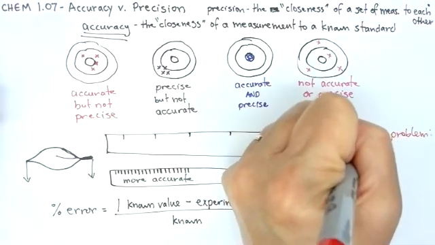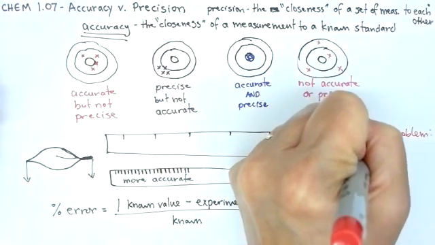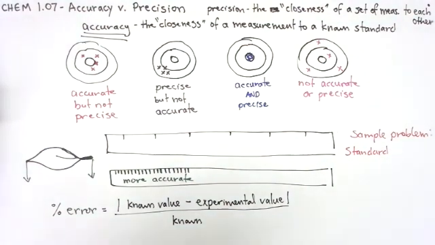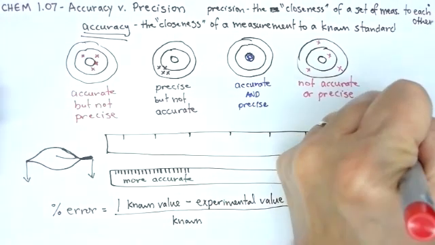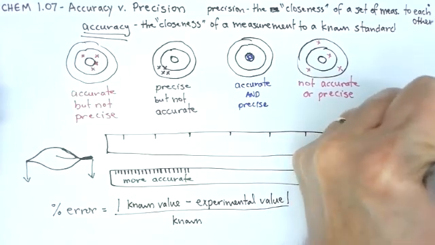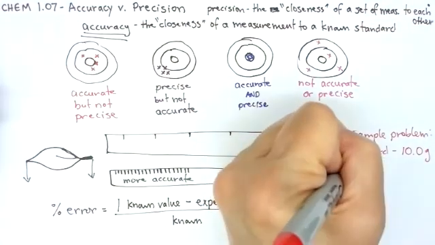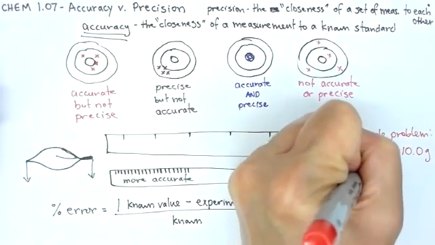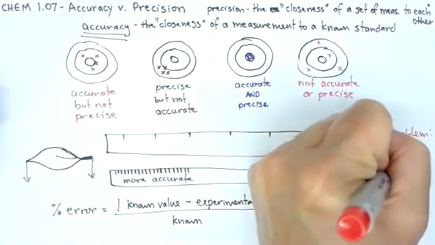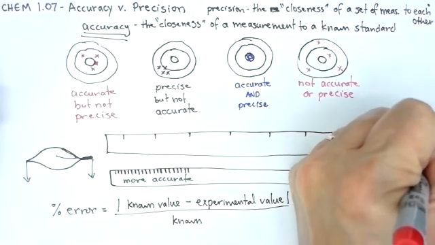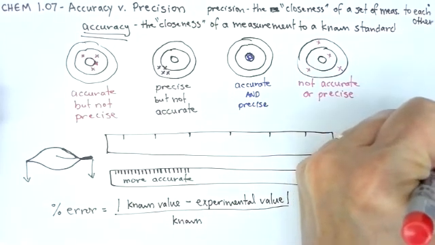If I have a standard, which is a known mass, and you can buy calibration standards, and I know that it weighs 10.0 grams. And I put it on my scale. And when I put it on the scale, it reads 9.25 grams.